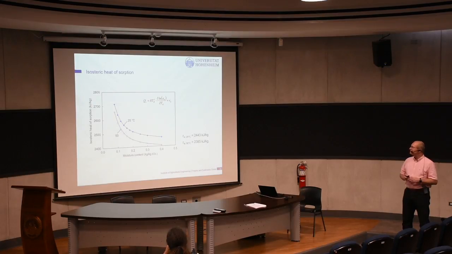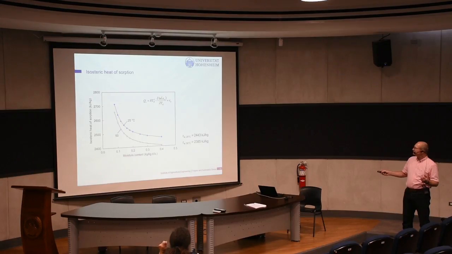And then the isosteric heat of sorption goes a bit far. Maybe you remember here the evaporation heat of water was 2,500 at 0 degrees or 2,385 kilojoule per kilogram at 50 degrees. And when we remove water from a product, this heat is higher. This is what we see here. This is the isosteric heat of sorption.